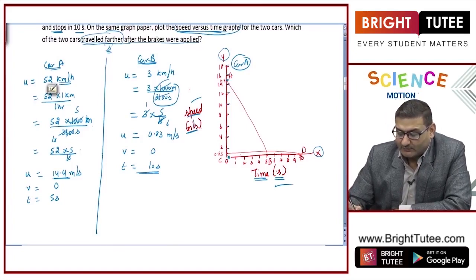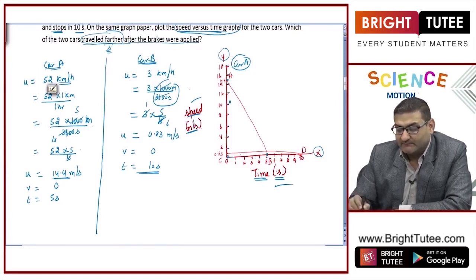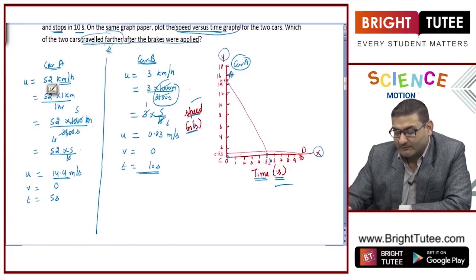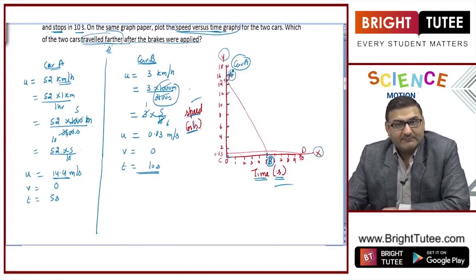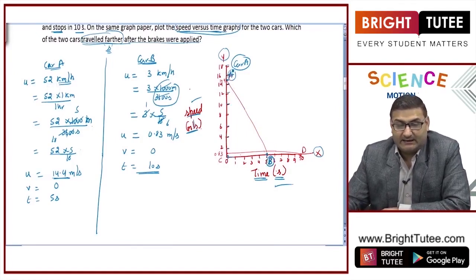So on the time axis, in seconds, 1, 2, 3, 4, 5 till 10. In 5 seconds, at this particular point, this car stops. So a straight line will be joining these 2 points, and we have given these 2 points the names A and B. This is the graphical representation of car A.